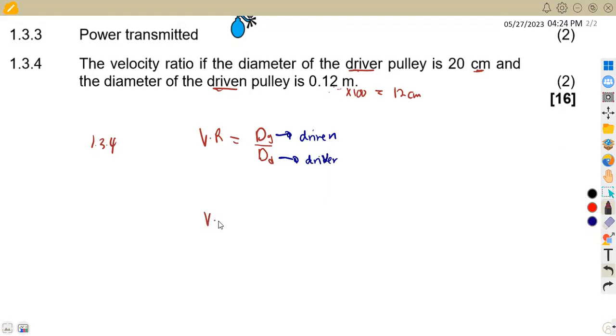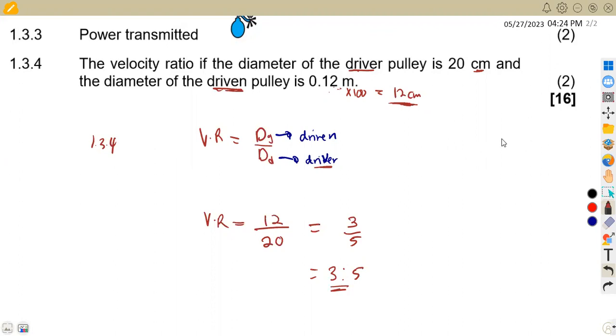So meaning to say, for our velocity ratio, we've got the diameter of the driven part, that is the 12 centimeters, the one that we converted to centimeters. So it's going to be 12 over the diameter of the driver, which is the 20 centimeters. So this can give us a ratio. If you reduce this, it's going to be 3/5. So remember, a ratio can be a fraction or it can be written as 3:5 like this. Still, it's the same expression for the ratio.